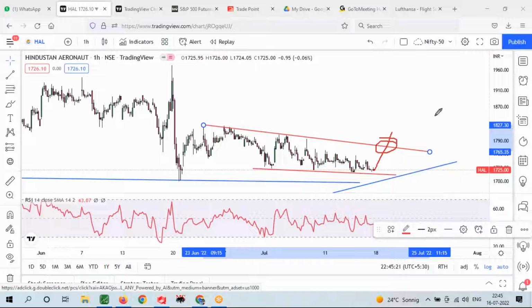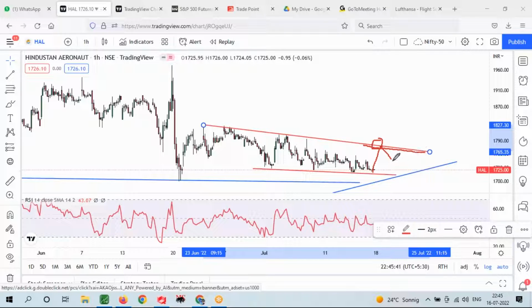Then we will add more position here if you want, or else, since we have so many other opportunities, I might try to book a profit here or exit the stock. I won't make a profit, I'm sure. I'll exit somewhere close to the cost.